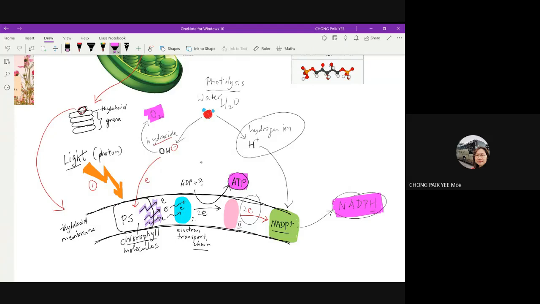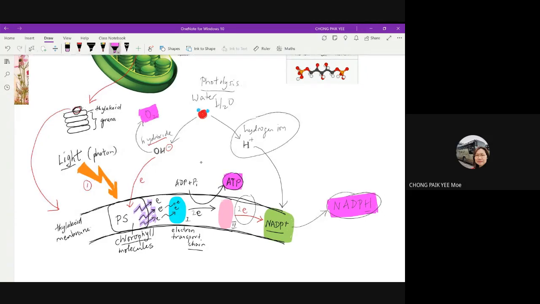This one doesn't go anywhere into the second reaction. So now you have 3 things. Number 1 is your ATP. Number 2 is your NADPH. And the third one is oxygen, which is released.